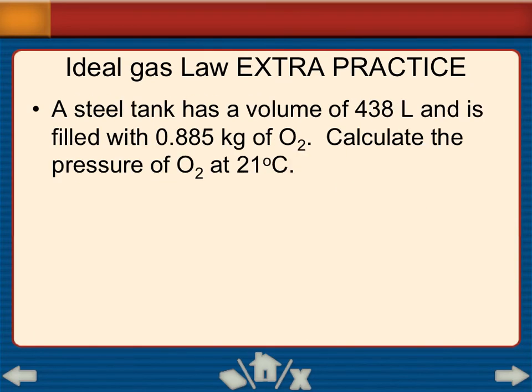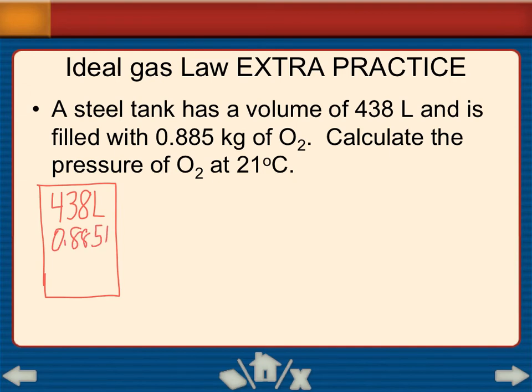Okay, this is another example of the ideal gas law. We have a steel tank. It has a volume of 438 liters. It is filled with 0.885 kilograms of O2 gas.